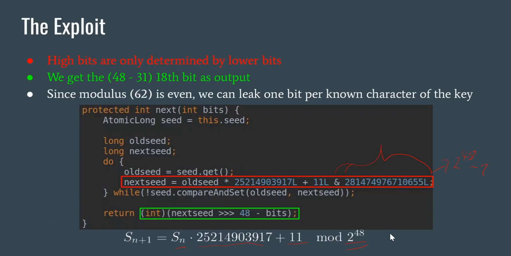That's relevant because in this case only lower bits of the state affect higher bits.